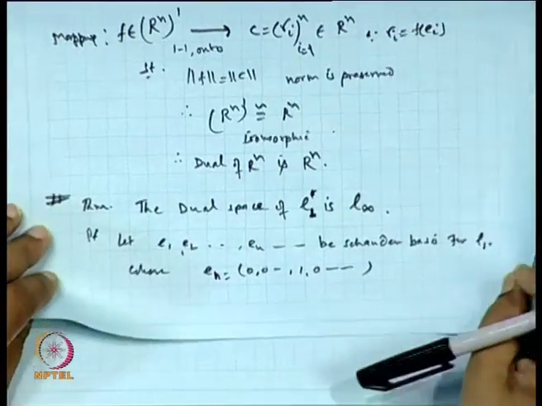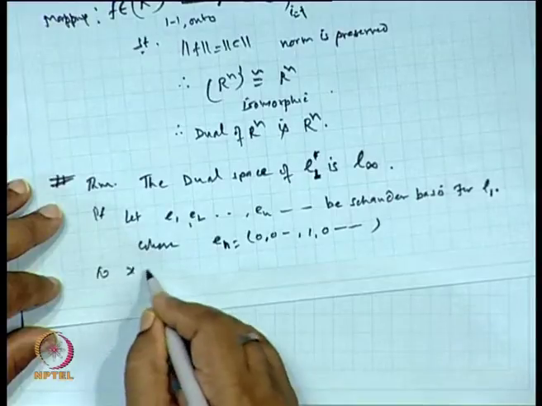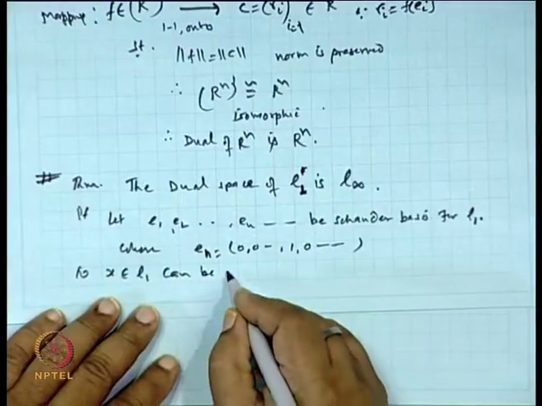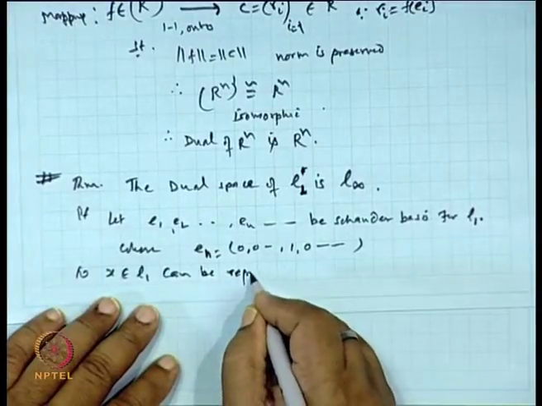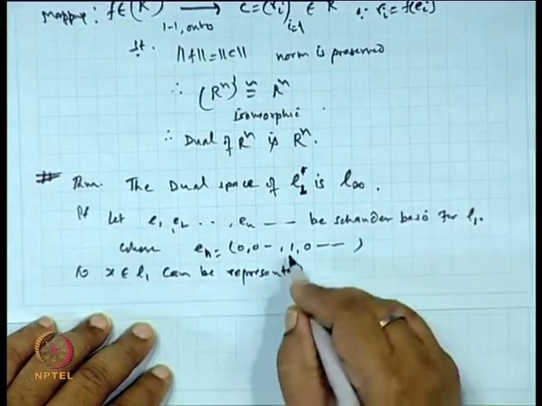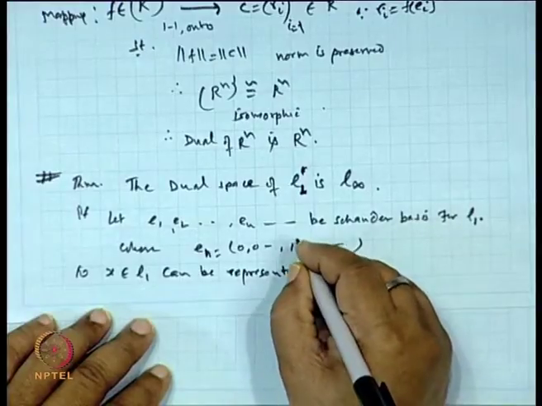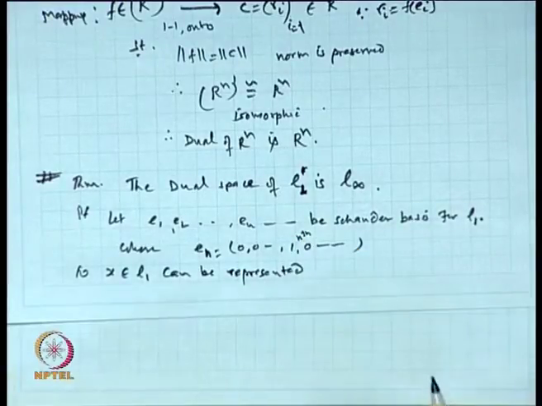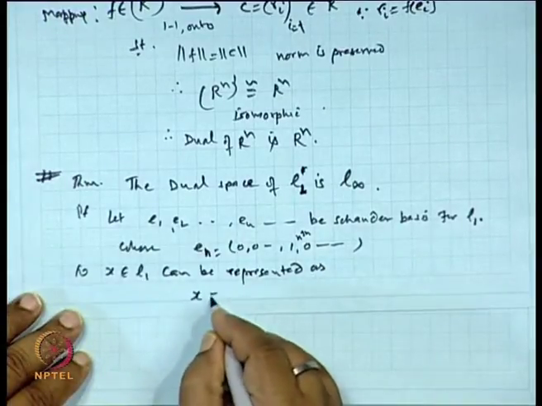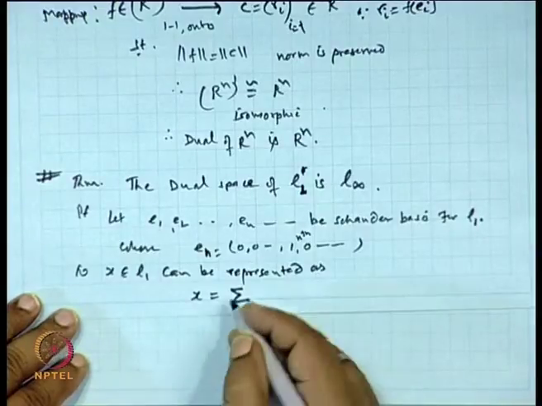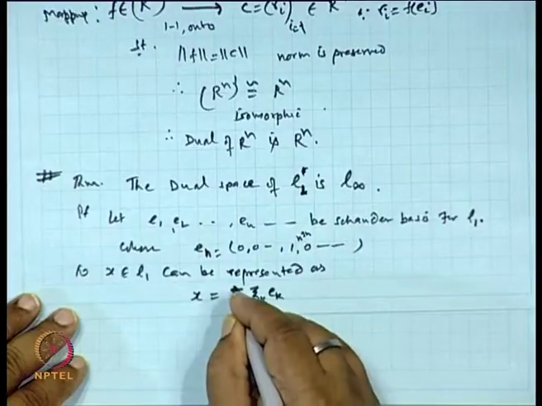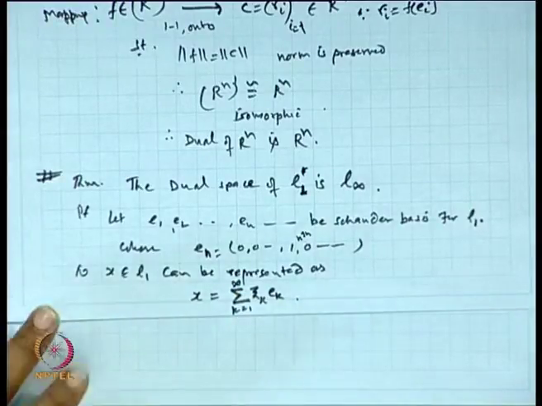Any element x belonging to L1 can be represented as the sum of xi k e k, k is 1 to infinity. This is the representation of this.